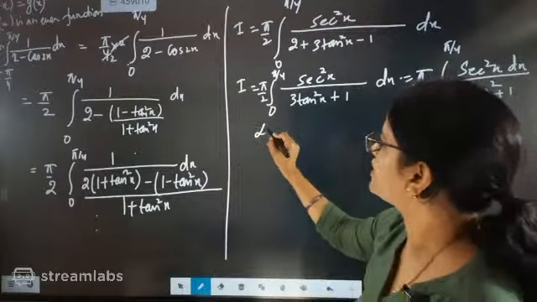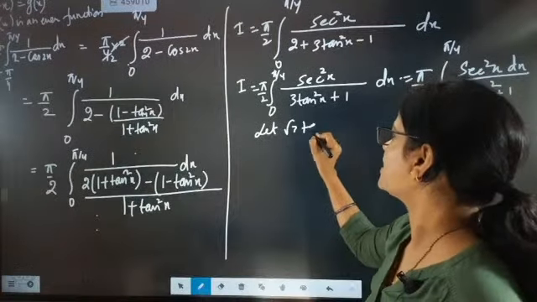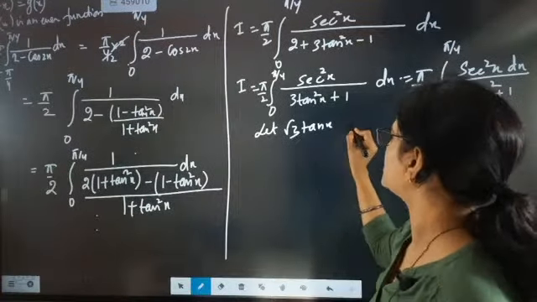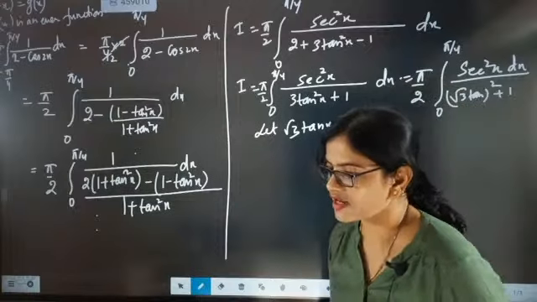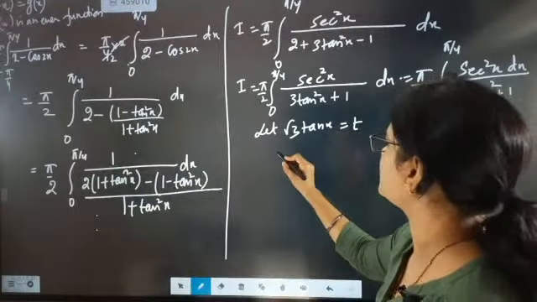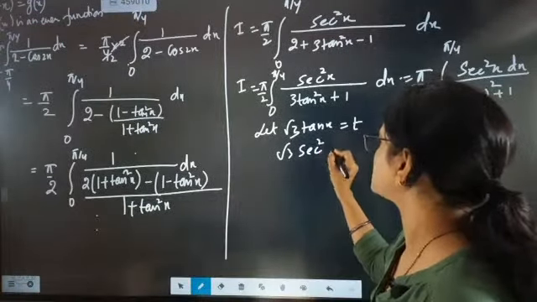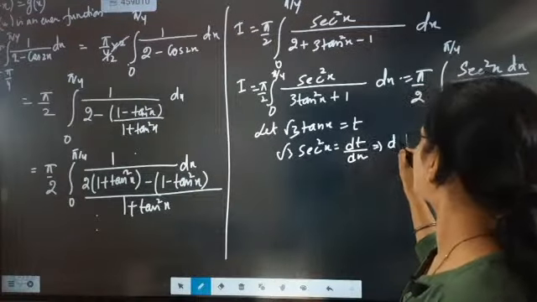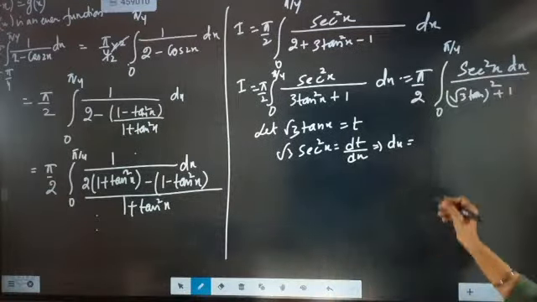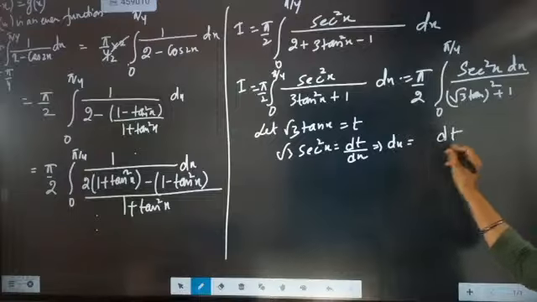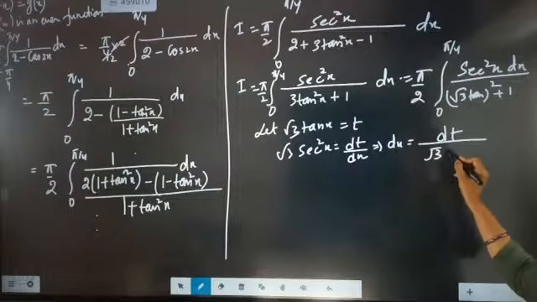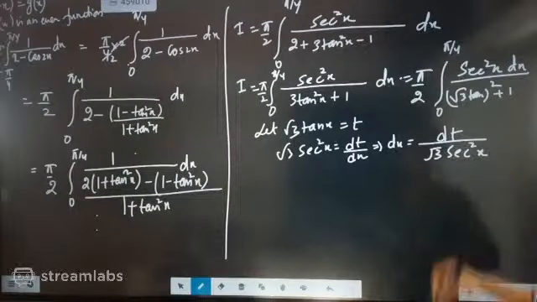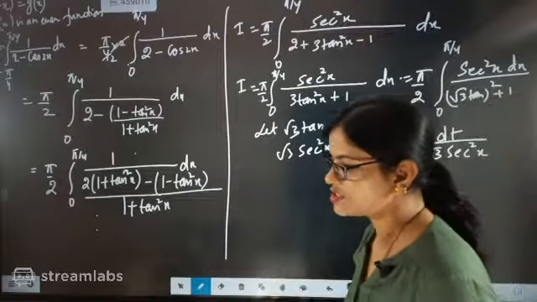Now let root 3 tan x equal to t. So when I write root 3 tan x equal to t, it becomes root 3 secant square x equal to dt by dx. So dx will be equal to dt by root 3 secant square x.